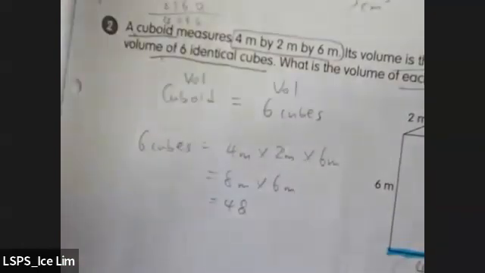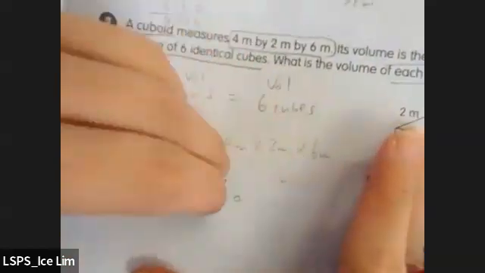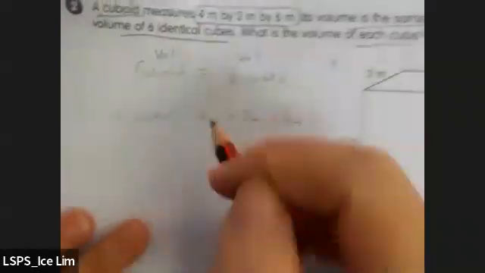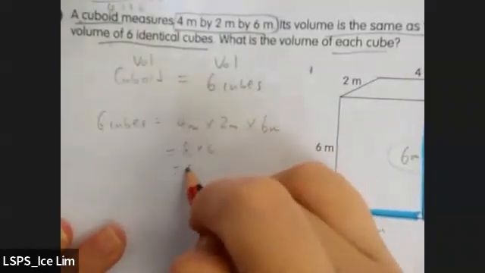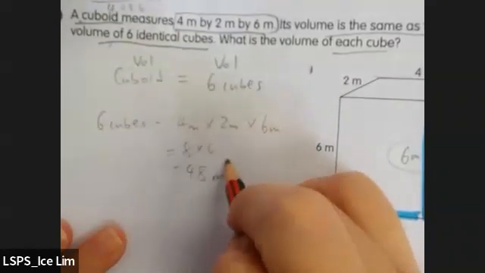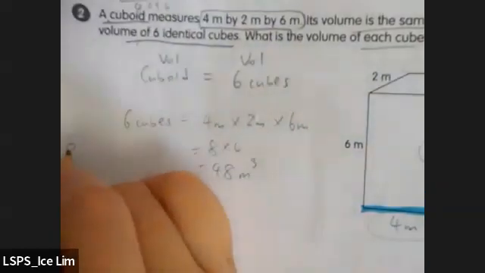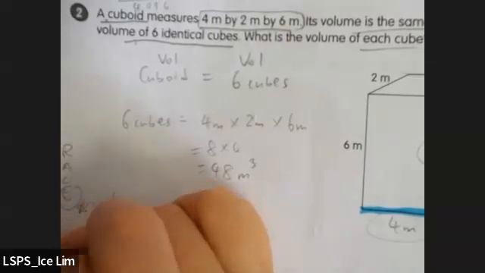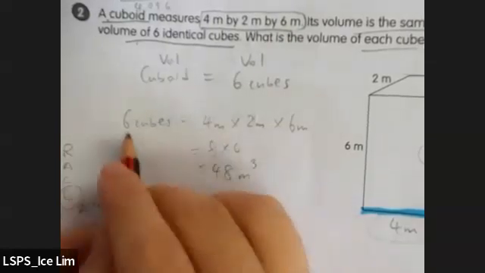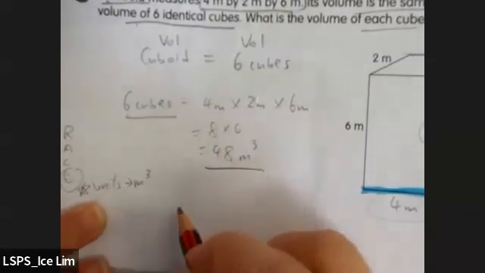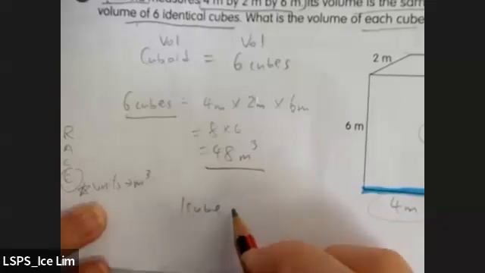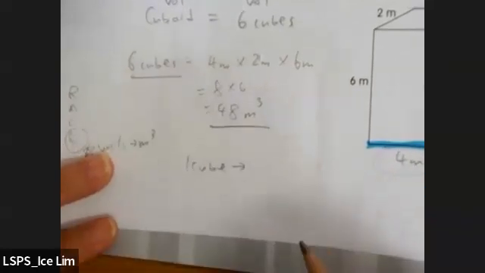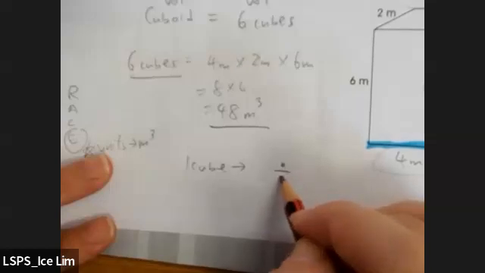Then divide by 6. Remember the units are cubic meters, okay? Then 6 cubes is 48. 1 cube is easy, right? You do the rest by yourself.